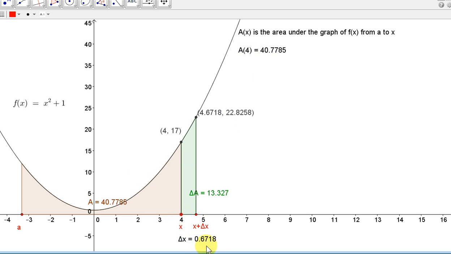Now in this picture delta x is 0.6718, and consider the corresponding change in A when that happens. So when we change x, we obviously change the area by some fairly small amount. We can vary delta x by moving this point here closer and closer to x. We can bring delta x close to 0, as close as we want to 0.